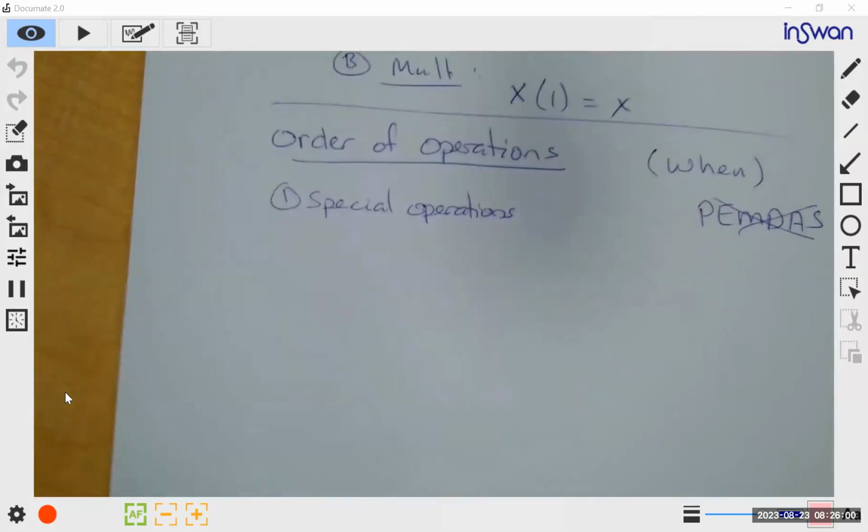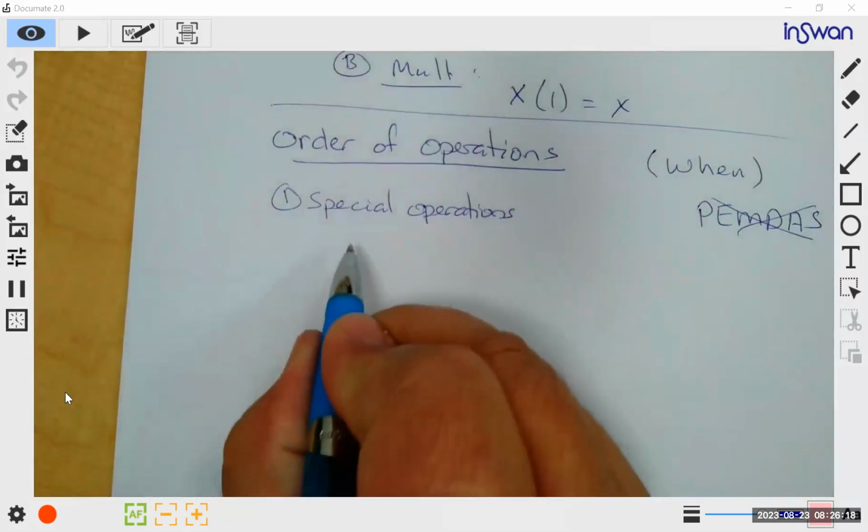The first thing we do are always special operations. Remember Isaac Newton, when he invented calculus, it was all for the military, for their cannons. Well, look at this. Before any battle is ever done, they always send in special operations, special groups. What are special operations?